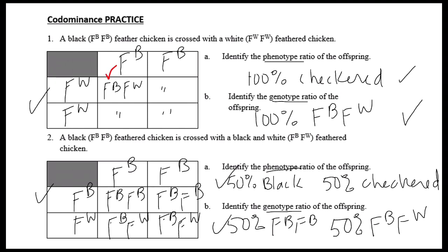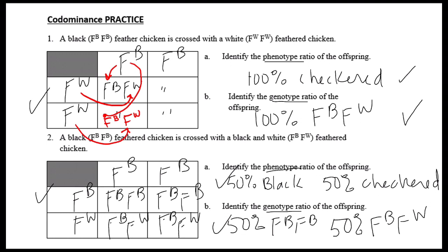So again, this parent donates this allele, and this parent donates this allele, or it could be that this one donates here, FB and FW to here. Okay, so 100% checkered, 100% FB, FW.